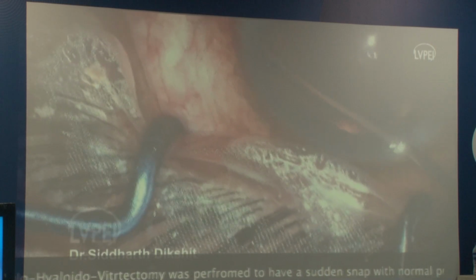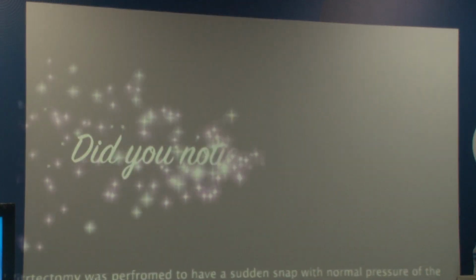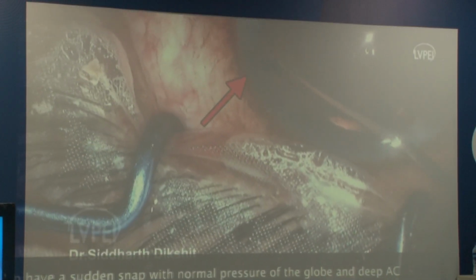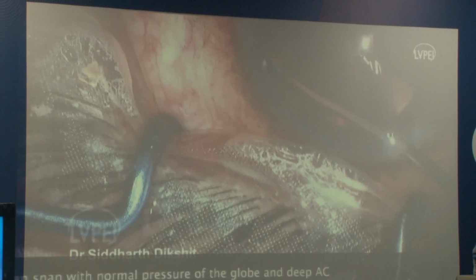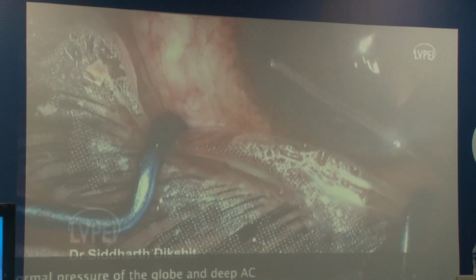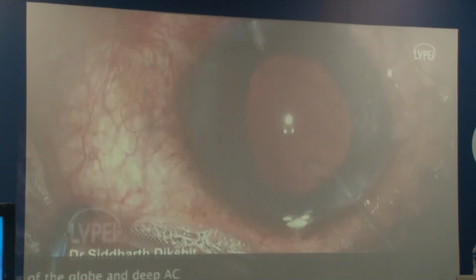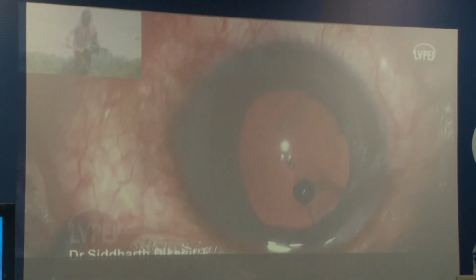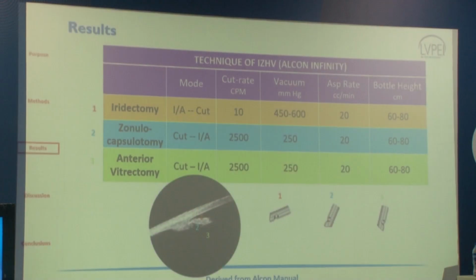You will see the reverse pupillary snap sign right now, and I will show that sign again, which represents the point of time when the anterior hyaloid face has ruptured. Thereafter, the surgery was performed with complete ease. You see the anterior chamber is well formed, and there is no more problem.